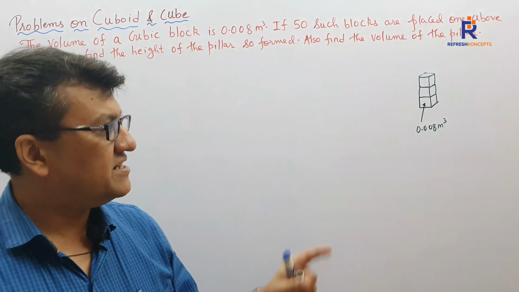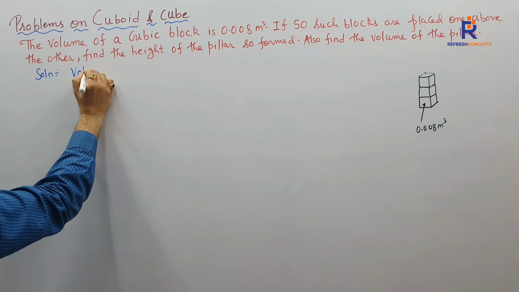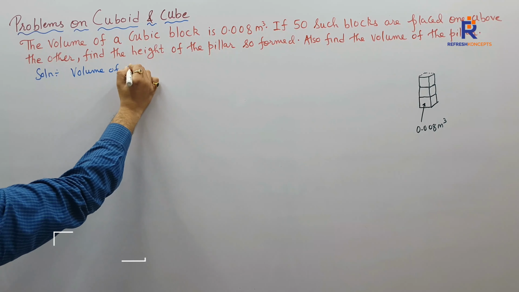What is our sum trying to say? Volume of each cubic block is 0.008 meter cube.